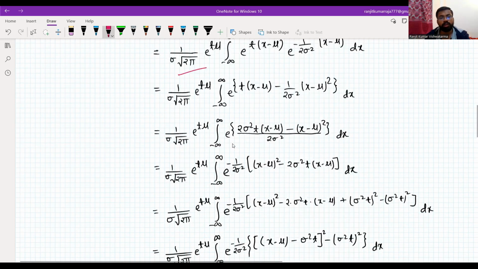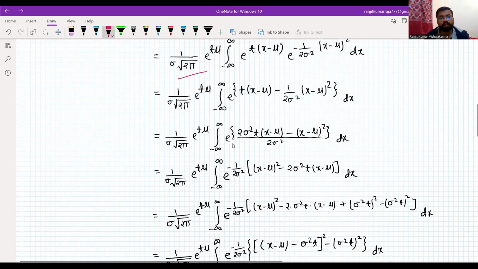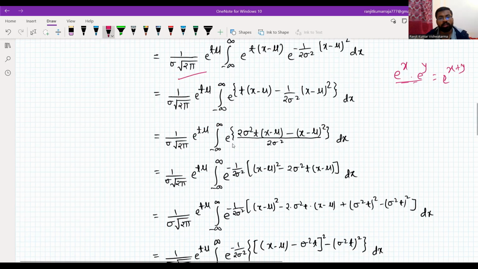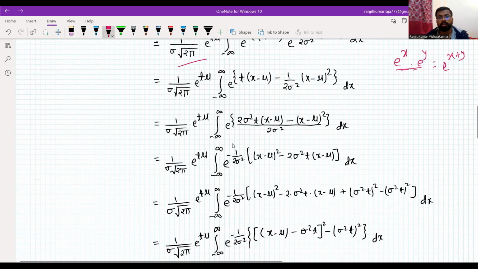Now, after taking e to the power t mu outside, the rest of the term is the integral from minus infinity to infinity of e to the power t into (x minus mu) times e to the power minus 1 by 2 sigma square into (x minus mu) whole square. If e to the power x into e to the power y is given, we can write it as e to the power x plus y, because the base is the same.